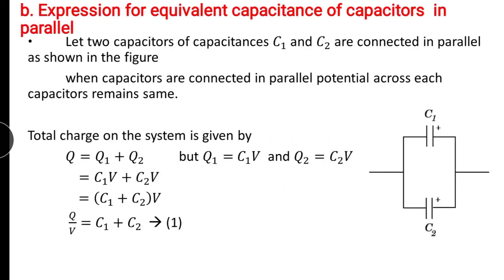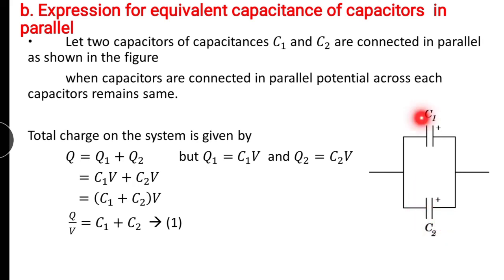Now let us derive an expression for equivalent capacitance of capacitors in parallel. You can see in the diagram two capacitors with capacitances C1 and C2 which are connected in parallel. This combination is called a parallel combination. When the capacitors are connected in parallel, the potential across each capacitor remains the same, or constant.